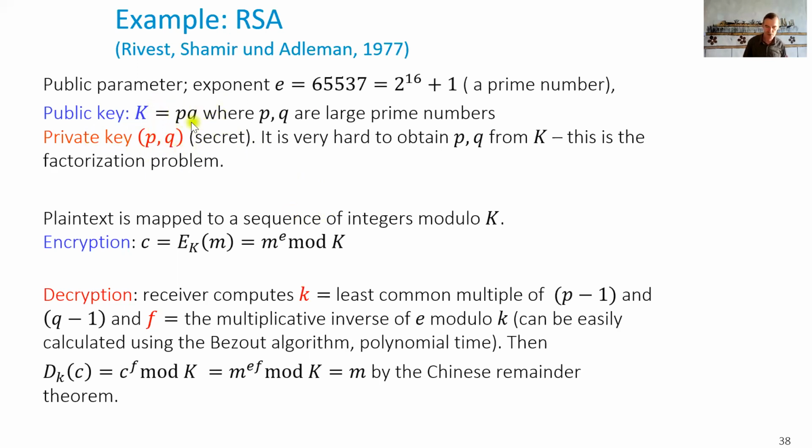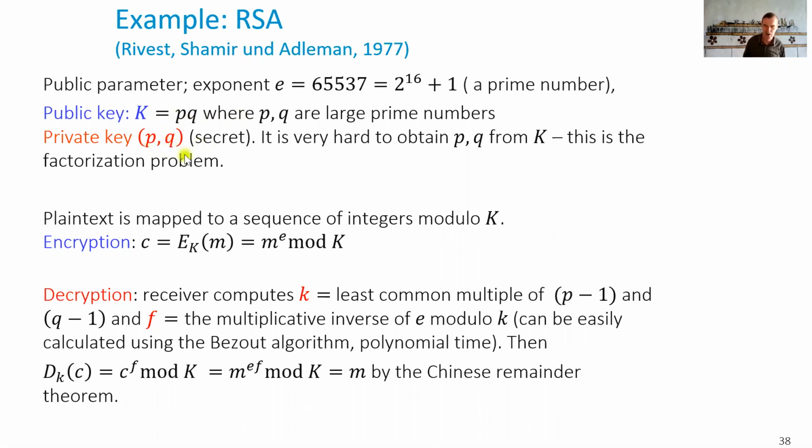That seems a bit strange, but the key thing is that, at least today, as long as we don't have quantum computers, factoring a number K into its two prime factors is a problem that's extremely hard. So we don't know how to do it. There are small optimizations, but essentially it's not much better than doing it by brute force.